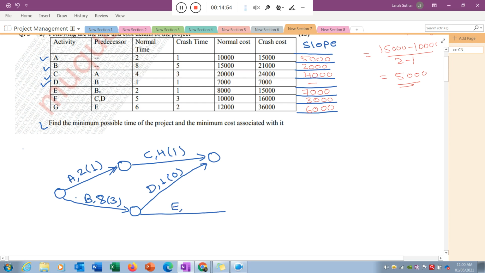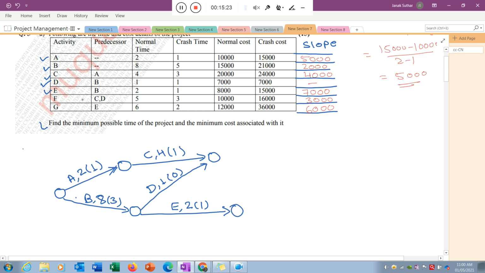Completed, then I start activity E. Now if you see, what is the normal time of this particular activity? That is 2. And what is the feasibility of the reduction? That is nothing but normal time minus crash time, which is equal to 1. So I just write down 2 and 1 here. If there are any doubts, then please ask me, class. So here I completed E.